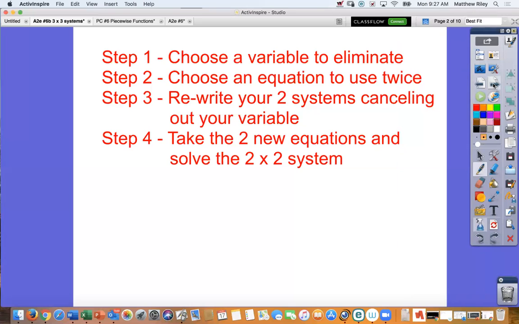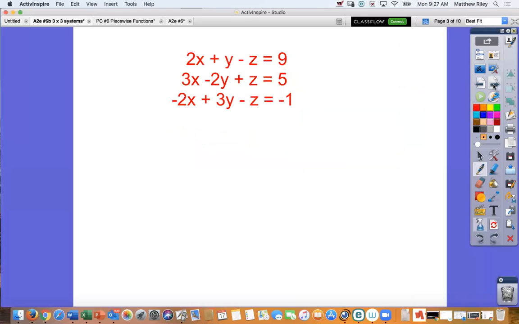So number 1, there we go. And we're going to do anywhere between 3 and 5 examples today, which should take pretty much the entire period. So make sure you write this down.